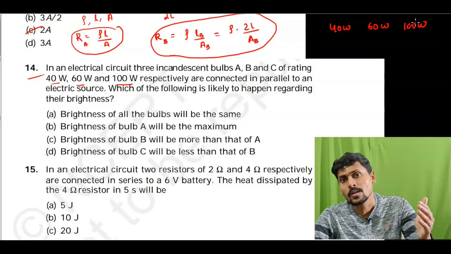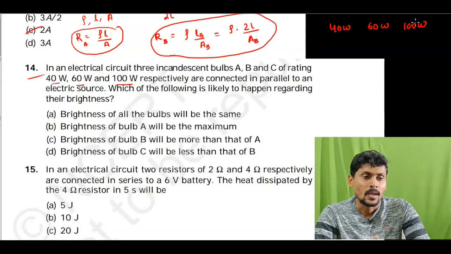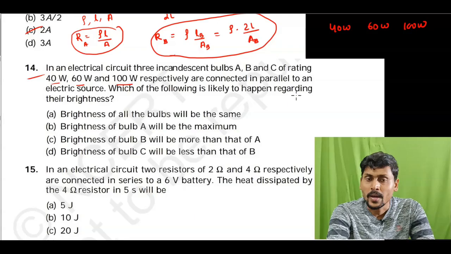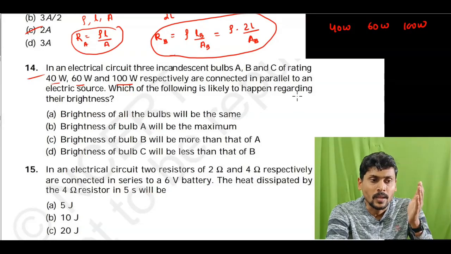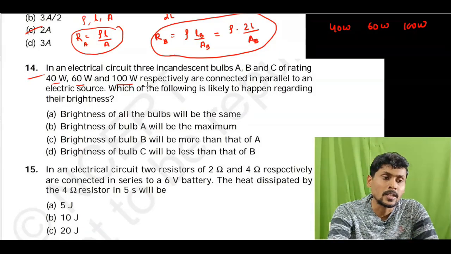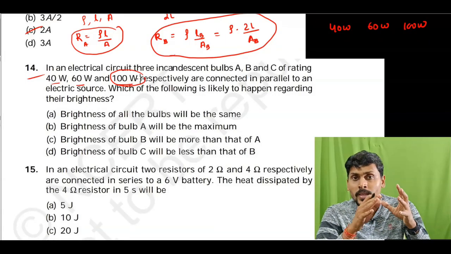So more power means more brightness if they are joined in parallel. So in this question they are connected in parallel. So 100 watt will have the maximum brightness and 40 watt will have the minimum brightness.